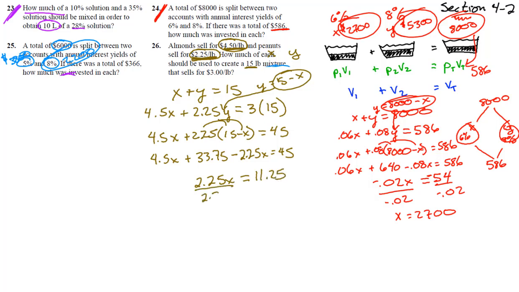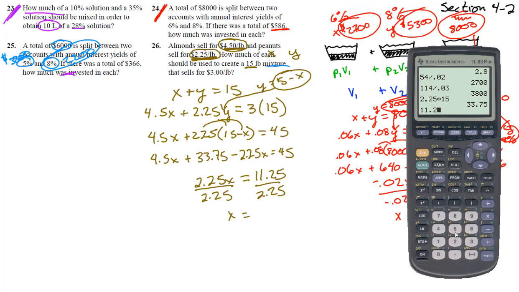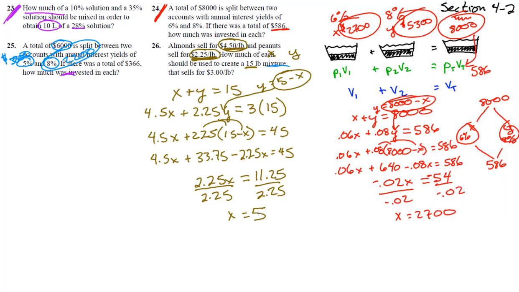Divide by 2.25, divide by 2.25, we get x equals, pull out the calculator, 11.25 divided by 2.25, and we get 5. Wow, so that means x was, what was x? x was what cost $4.50, so that was almonds. x were the almonds, so we get 5 pounds of almonds, and y then is 15 minus 5, which is 10. 10 pounds of peanuts.